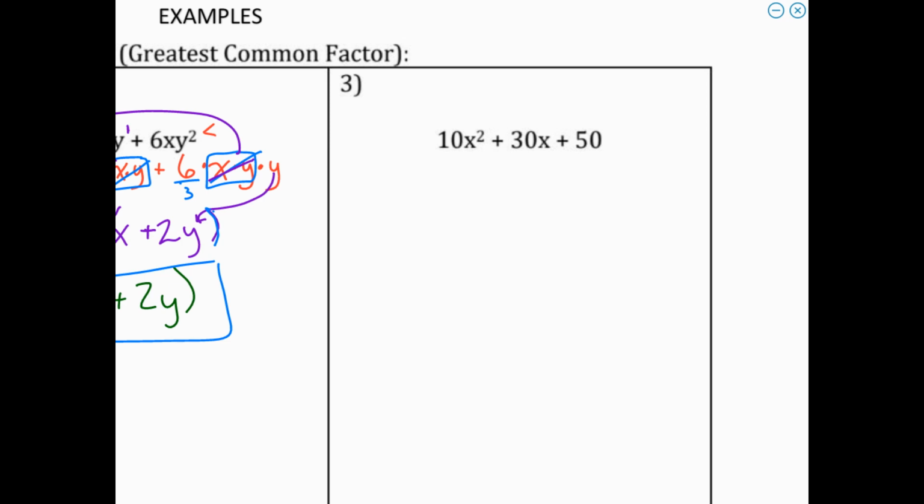No. Why not? Everything doesn't have it, right? They all have to have it. So if I can't factor out a variable, what's the only thing I can factor out? A number. Which is 10.